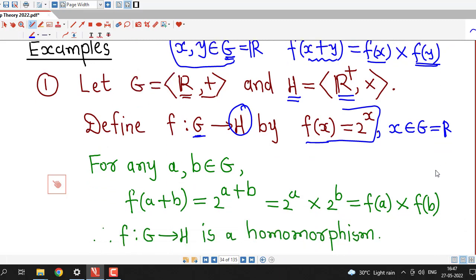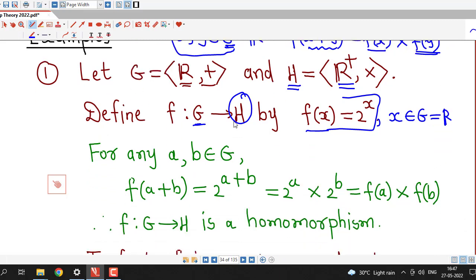That I have shown here. Instead of x and y, I have taken this notation. I am taking two elements denoted by a and b in group G, and I have to show that f of a plus b equals f of a into f of b. First we write down f of a plus b by the definition of f. f of x is 2 raised to x, therefore instead of x here we have a plus b, so f of a plus b is 2 raised to a plus b.